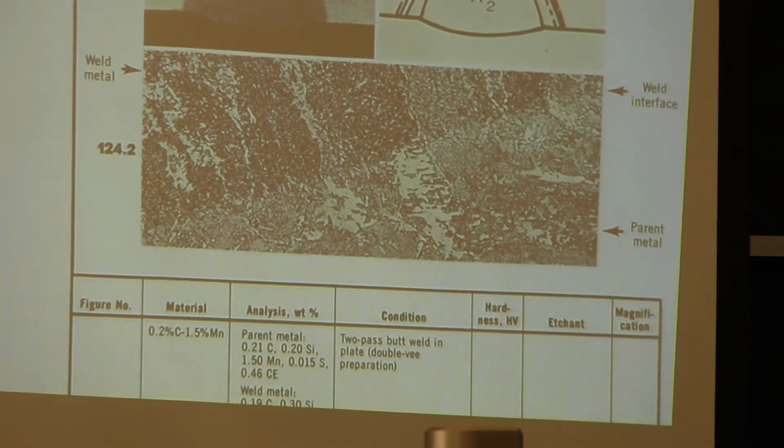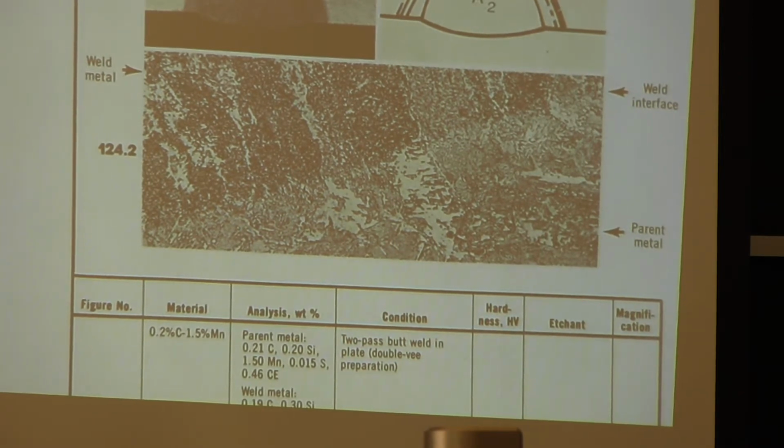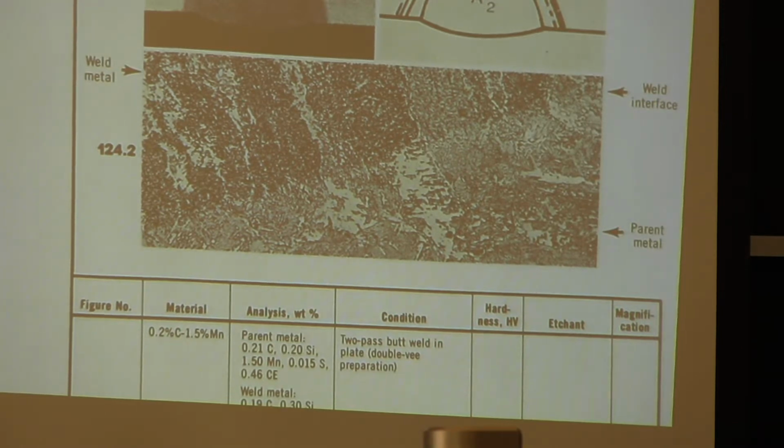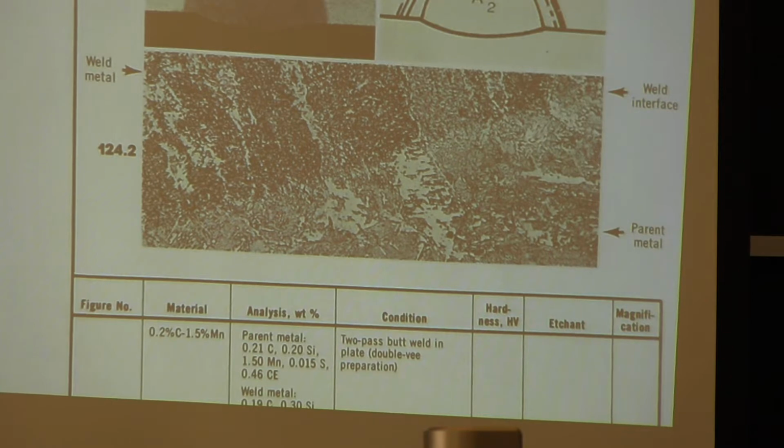And the reason for that, it turns out, is in steels, when you weld, you usually get some oxygen from the air or from the slag flux that you're welding with. And the base metal might have 20 or 30 parts per million oxygen. The weld could have 300 to 2,000 parts per million oxygen.